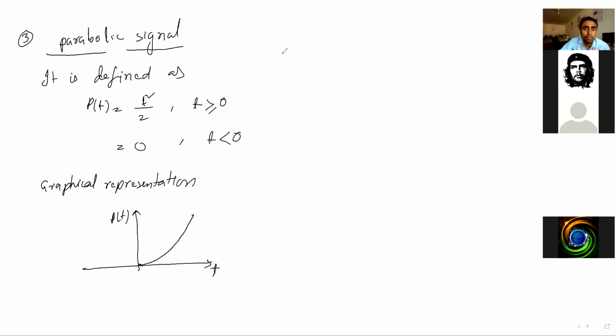There is one relation between the unit ramp signal and the unit step signal here. If we integrate the ramp signal, it will give nothing but a parabolic signal.